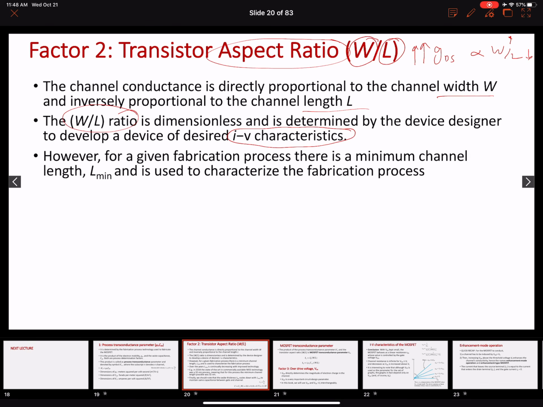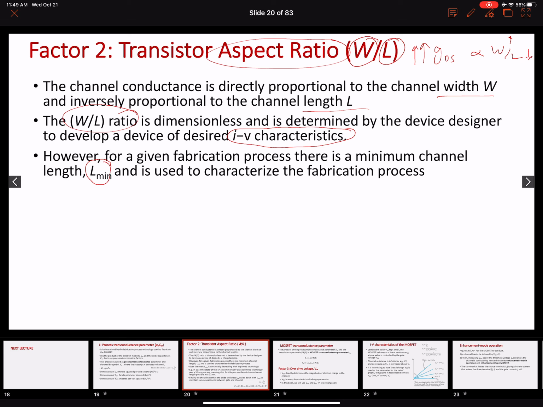Another important consideration is something called L-min. L-min is the minimum length of the channel that is possible for the fabrication processes currently being used in the industry. Over the years, with advancements in fabrication technology, this possible value of L-min has been constantly decreasing.